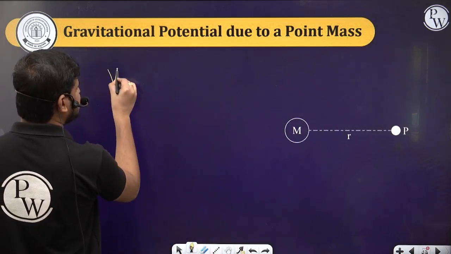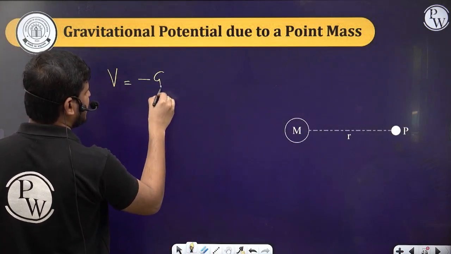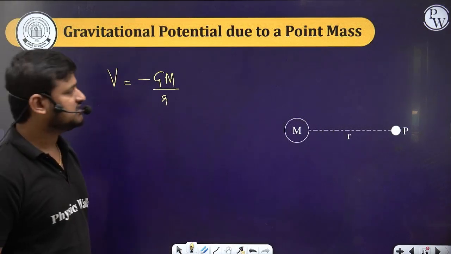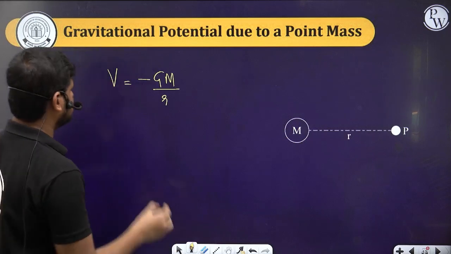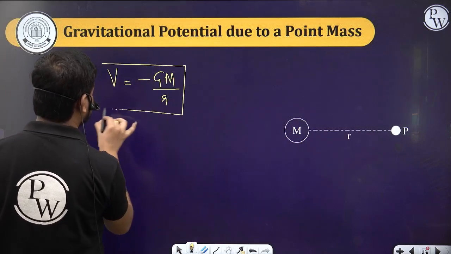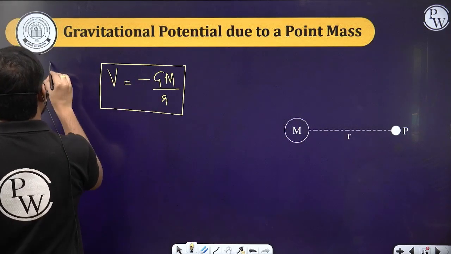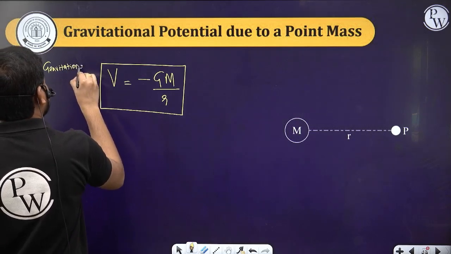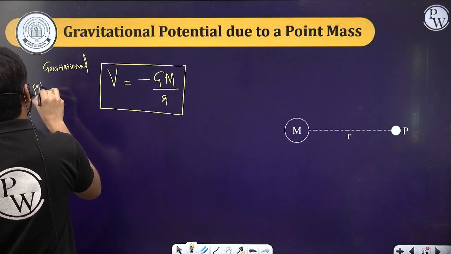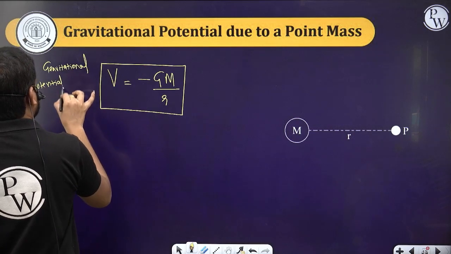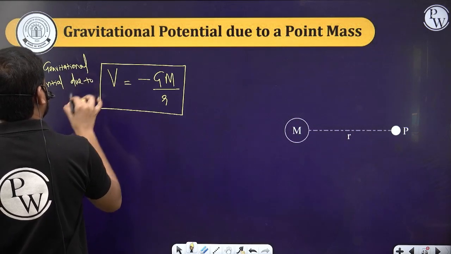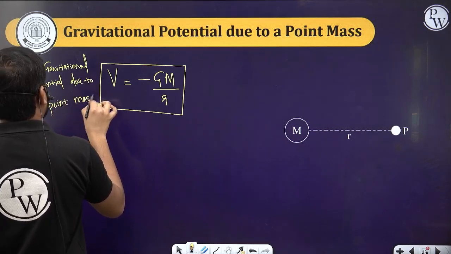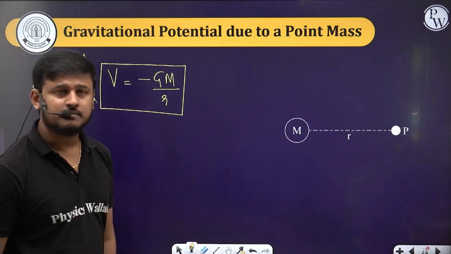The gravitational potential formula is given as minus Gm by R. So this is the gravitational potential due to a point mass. Remember this formula.